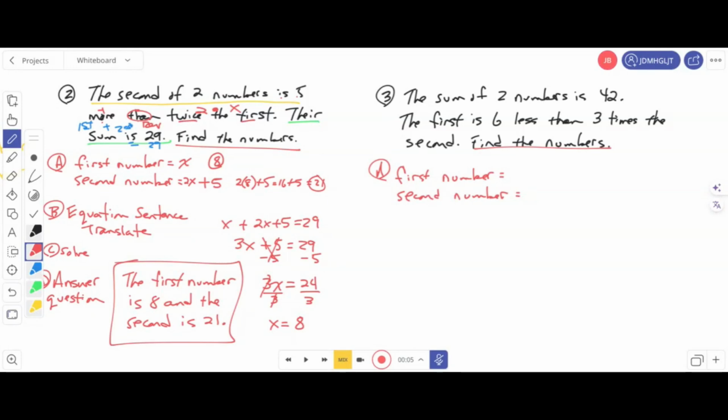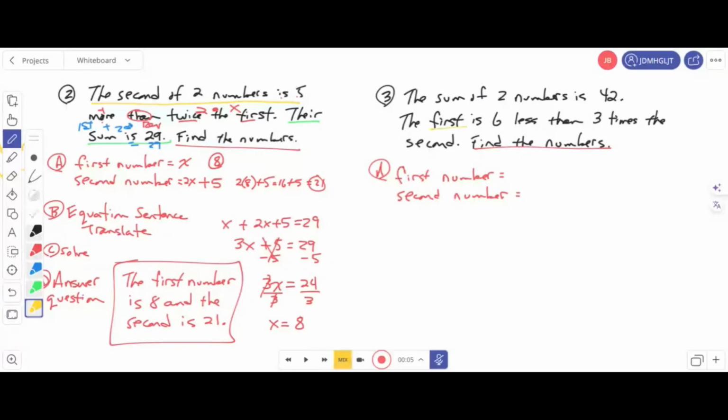Unfortunately, they only give us one of those. Which number do we not know anything about? Which number have they not told us what it is?